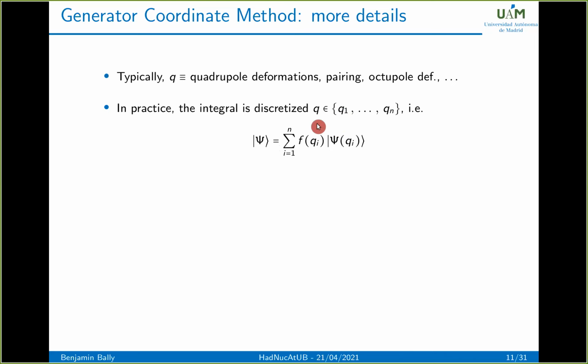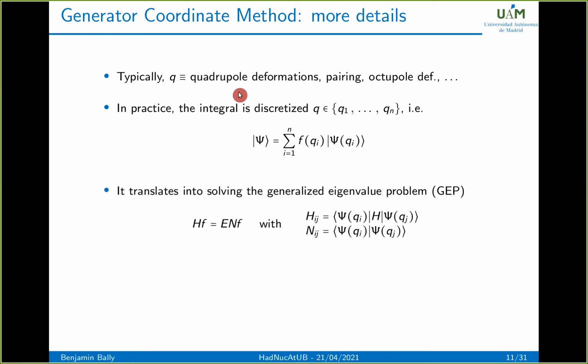So you have a sum like that, a simple superposition, and solving the variational principle is equivalent to solving the generalized eigenvalue problem, where you have to diagonalize the Hamiltonian and the norm at the same time, because there is a priori no reason for the different states psi to be orthogonal. So it's an additional complexity you have to deal with: you have to diagonalize the norm at the same time as the Hamiltonian.